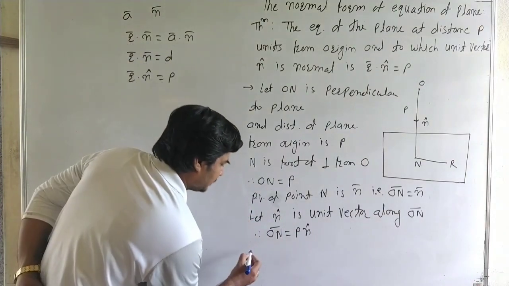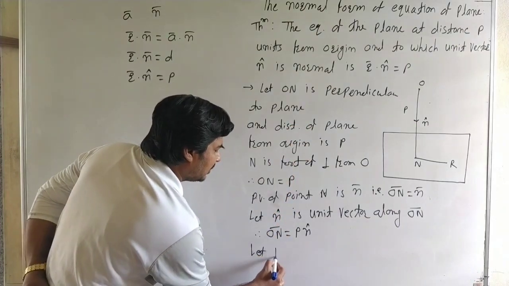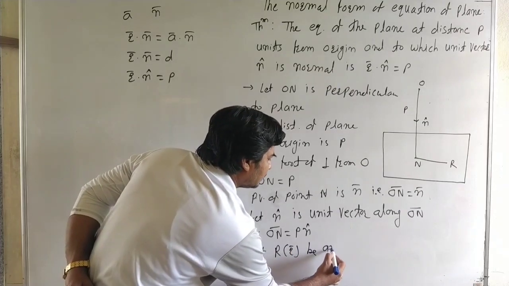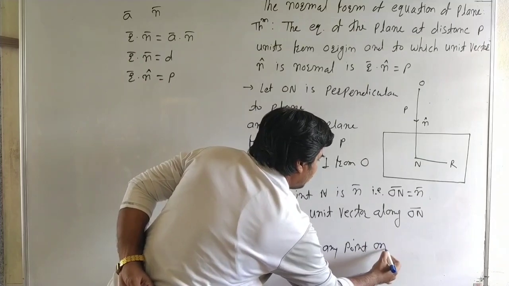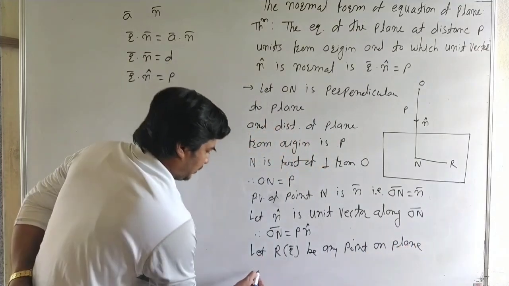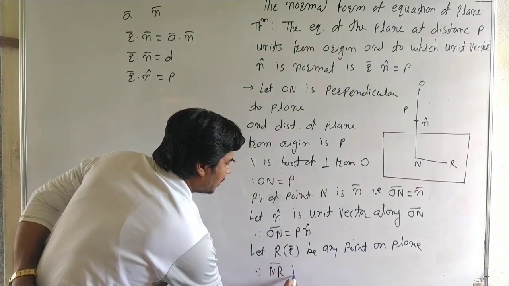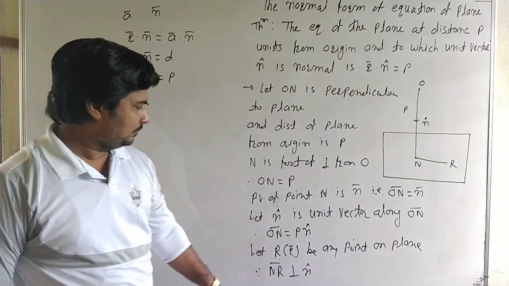Now let R, with position vector R bar, be any point on the plane. Therefore NR is perpendicular to N bar, therefore perpendicular to N cap.